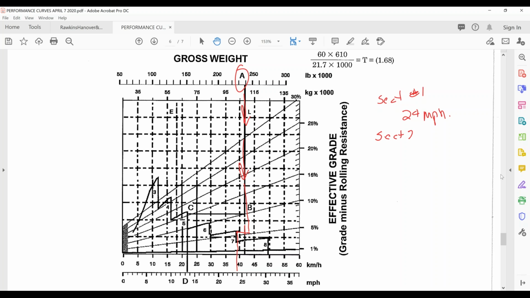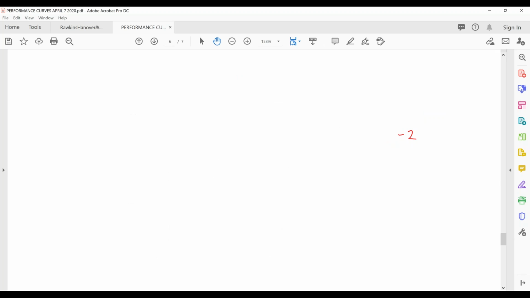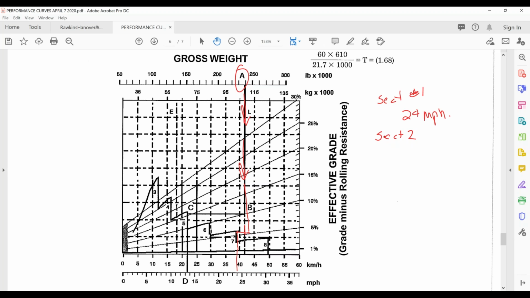Section 2, the total resistance is equal to 9%.